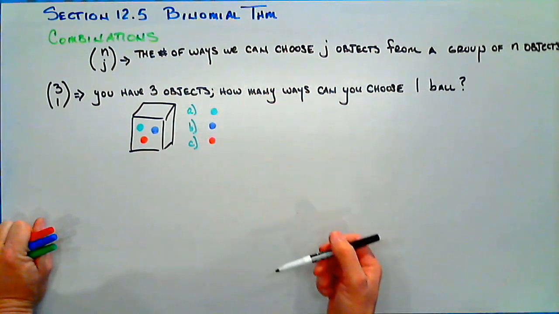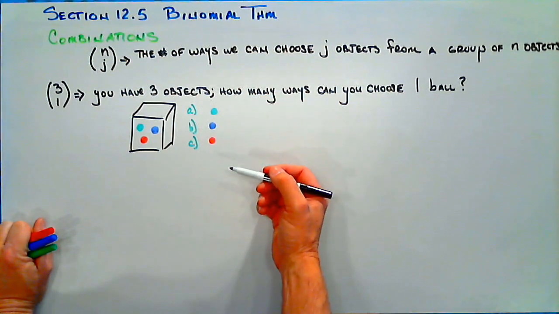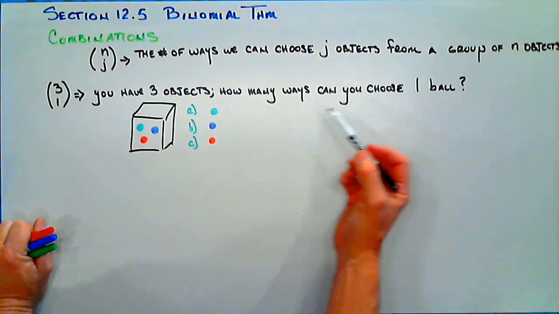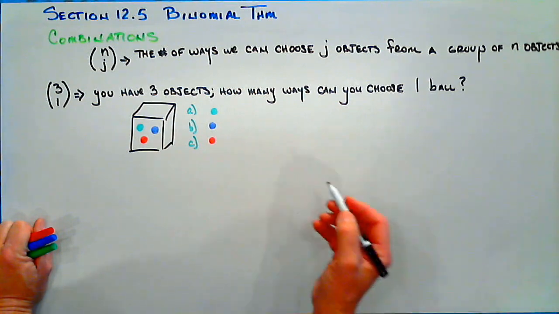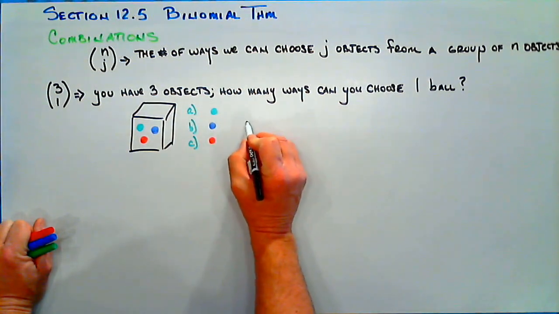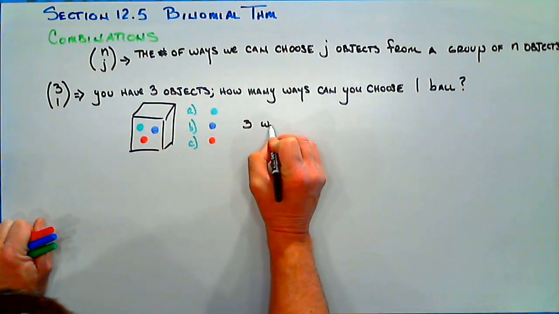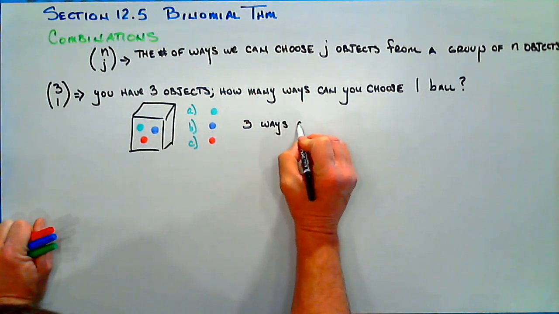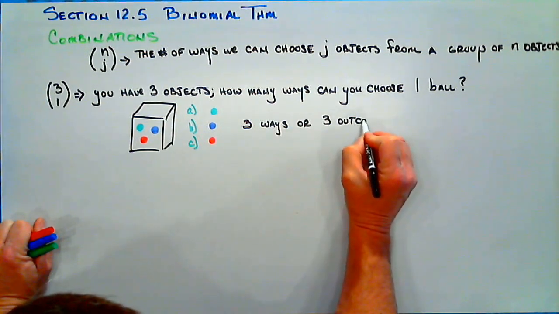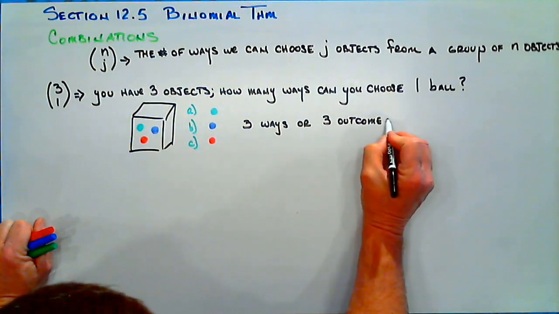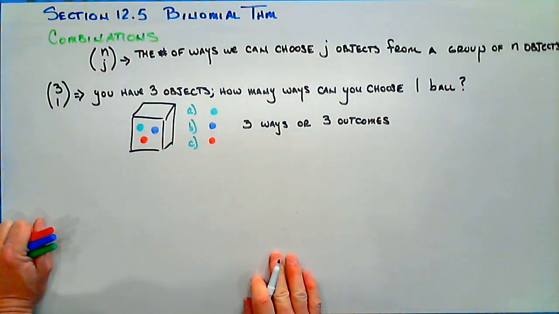Now, is there anything else we could do? We have to choose 1 ball. We could have chosen green. We could have chosen blue. We could have chosen red. That's all we have. So the answer to this question is 3 ways, or 3 outcomes is how we would phrase that in a statistics class. 3 outcomes. Okay.